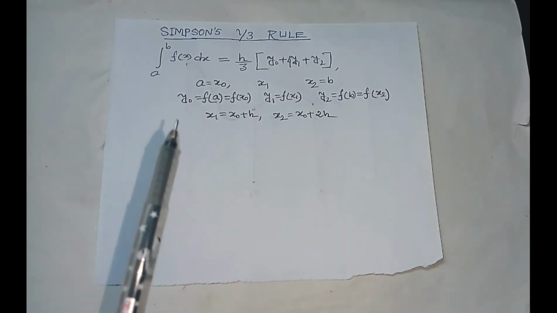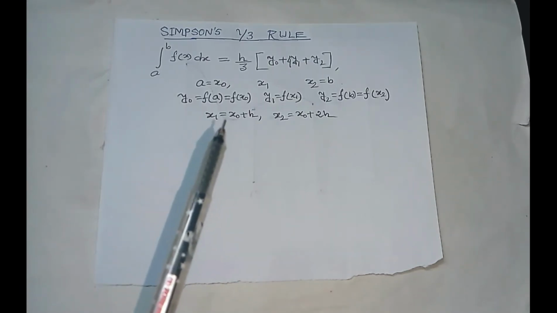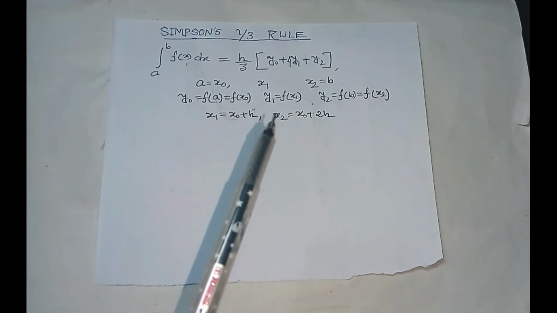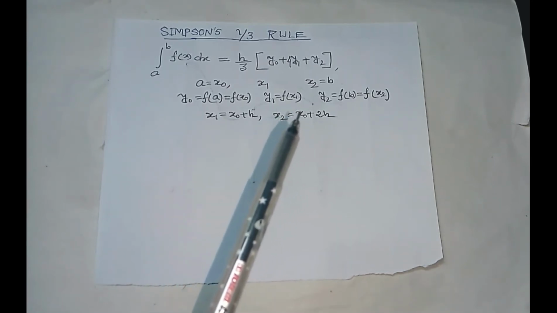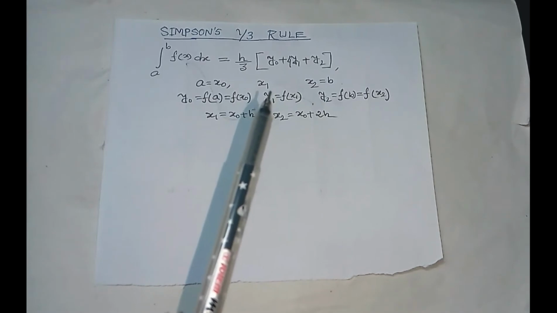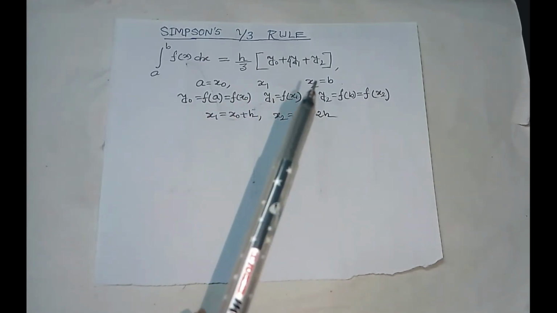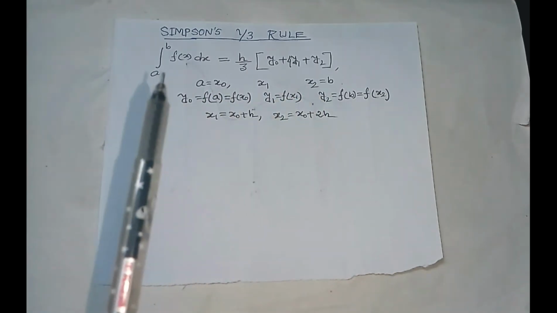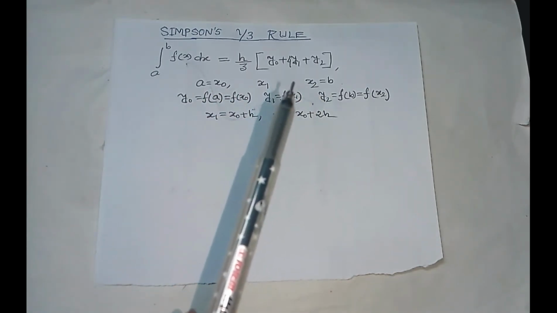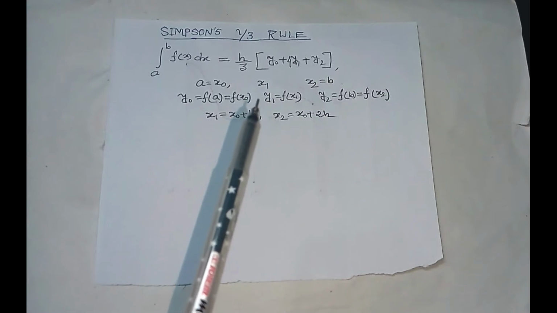The integration of the function f(x) from a to b is equal to h by 3 multiplied by (y0 plus 4y1 plus y2), where y0 is the functional value at the point a, y2 is the functional value at the point b, and y1 is the functional value at the point x1.